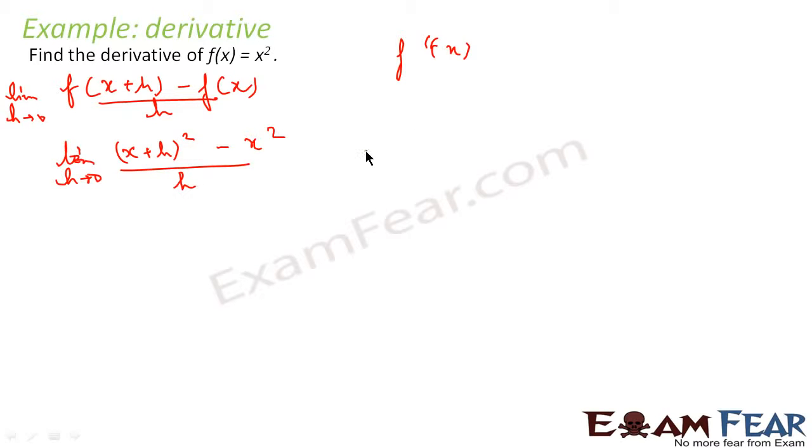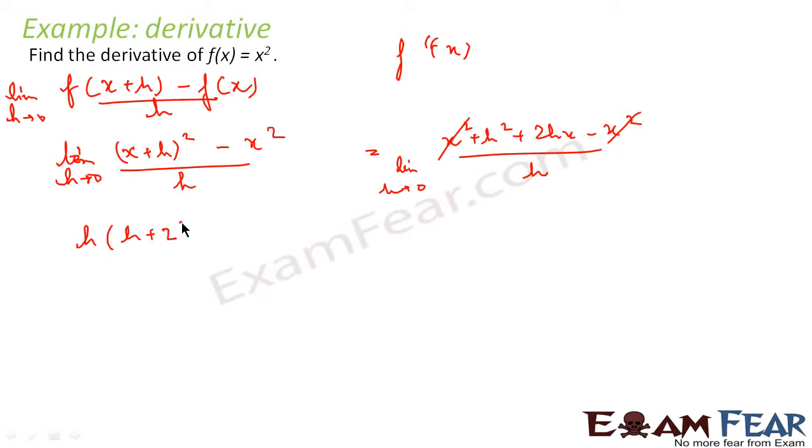So you solve this, what you get is x square plus h square plus 2hx minus x square by h, limit h tends to 0. The x square terms cancel. h we take common, this becomes h into (h plus 2x), right, by h, limit h tends to 0.